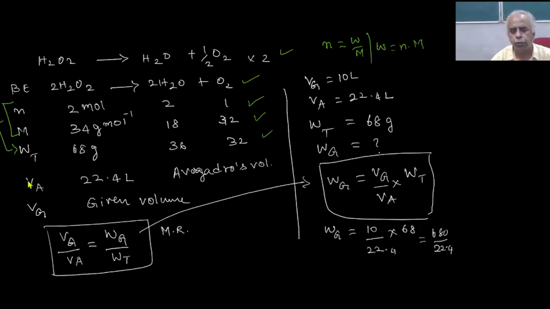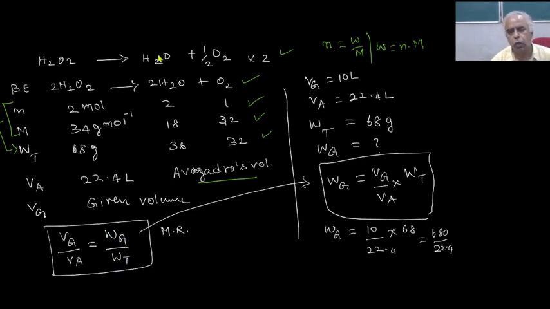Now we have Va, that is Avogadro's volume, 22.4 liter, and the given volume is Vg, that is nothing but 10 liter in this case. They call it 10 volume. So we already know the ratio between this given volume and Avogadro's volume is equal to the given weight divided by the theoretical weight.